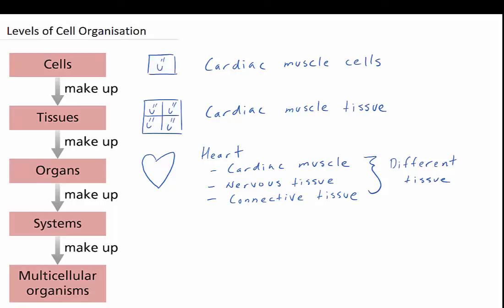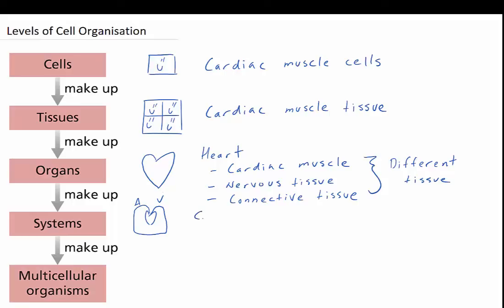The heart itself can't push blood out to all the different cells of your body. It needs arteries and veins. So arteries take oxygen-rich blood out to your cells, and veins return the oxygen-poor blood to your heart to be reoxygenated. So this is where you end up with several organs working together to form a system.